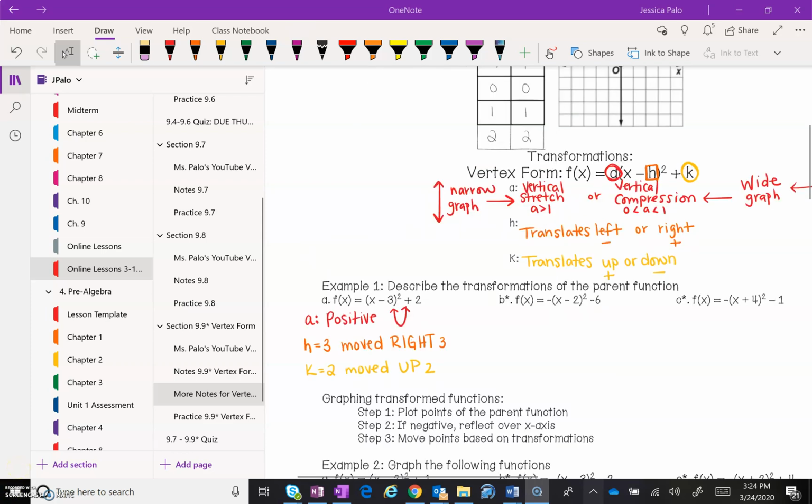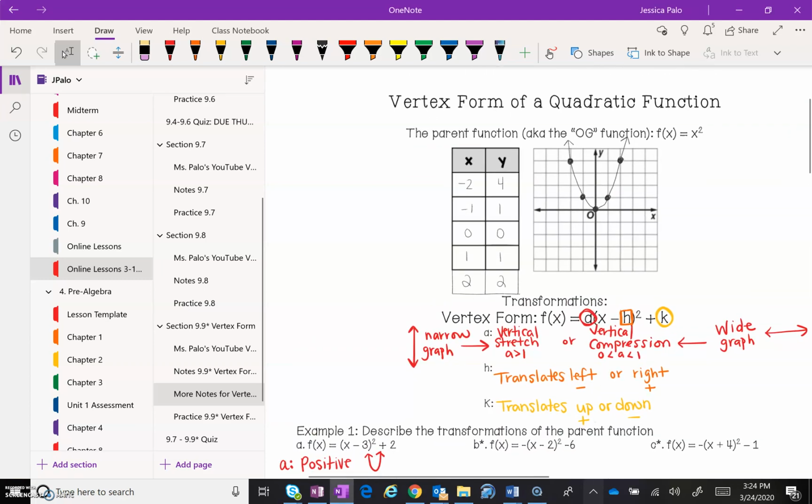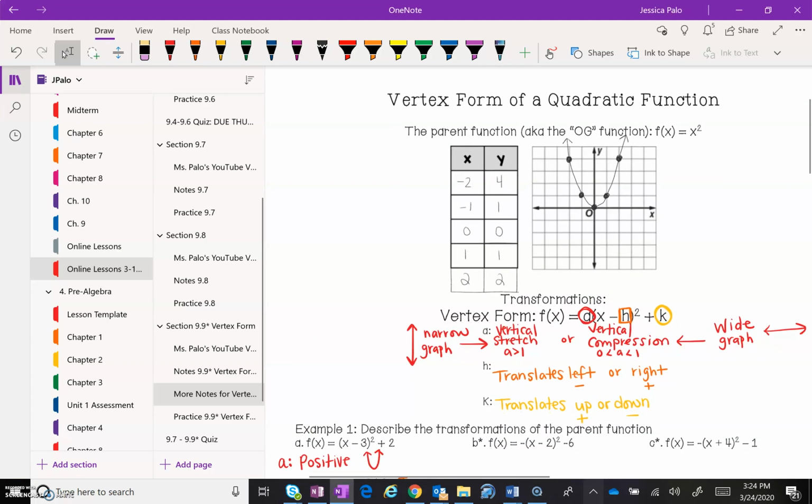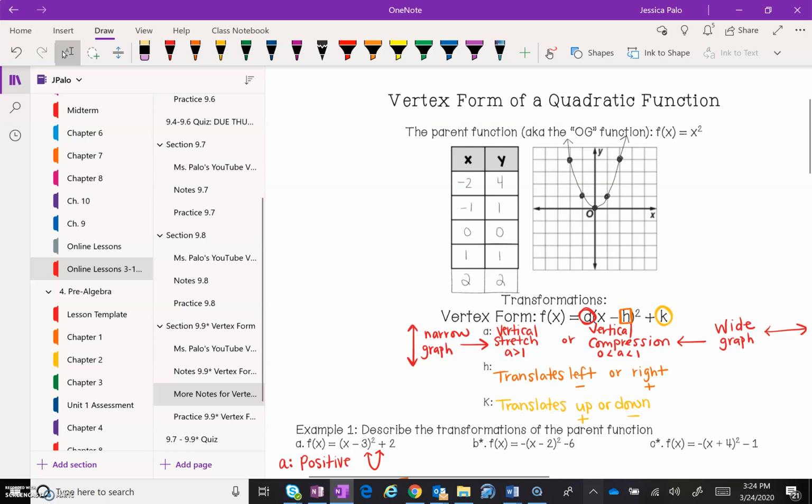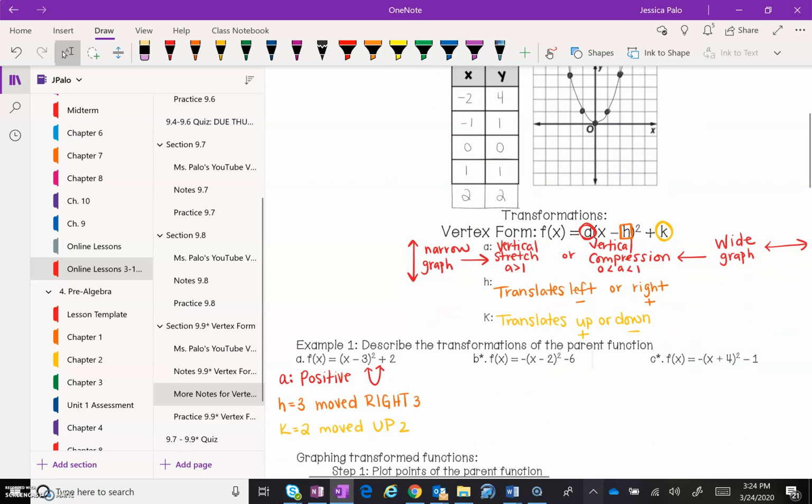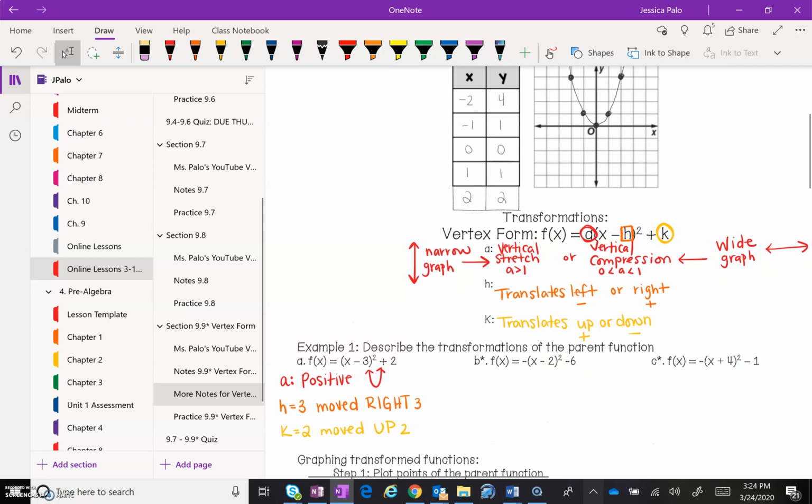In example 1, we're just going to describe the transformation of the parent function. So remember, our parent function is right here at the origin, symmetrical across the y-axis. So the first example, example A, we can see that the A value is a positive 1. So we know that we are going to have a positive parabola.